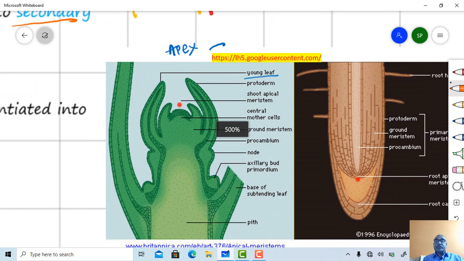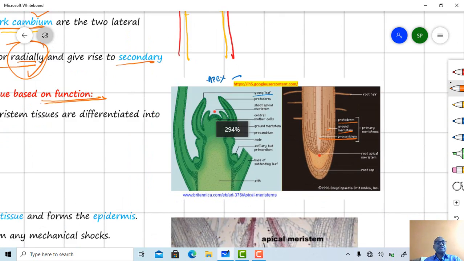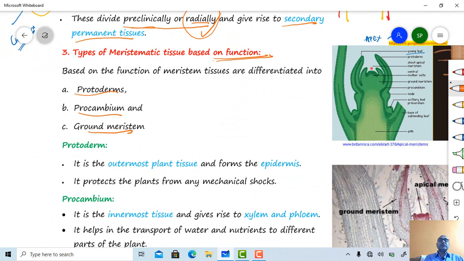This is a shoot meristem, this is the protoderm, this is the ground meristem, and the central one is the procambium. These are the types of meristematic tissue based on function, on what type of tissue they generally produce.